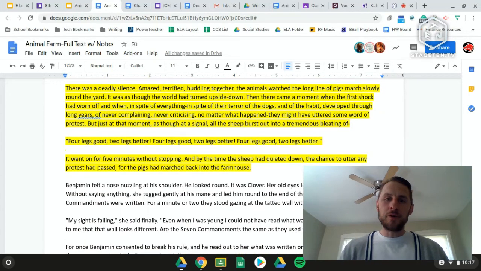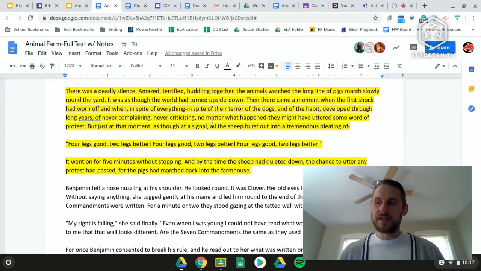This is a moment where the animals finally are thinking about and beginning to formulate some sort of protest. But before they can say anything, the sheep come out and begin chanting, "4 legs good, 2 legs better. 4 legs good, 2 legs better."